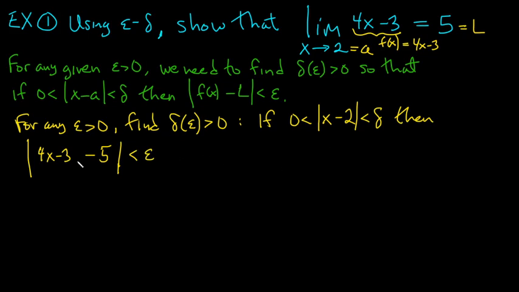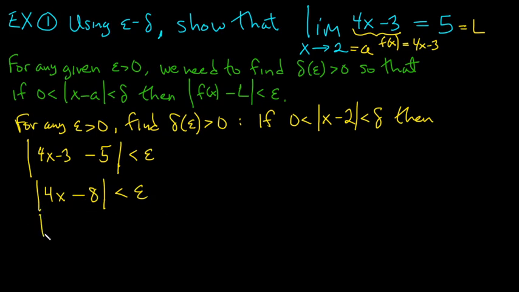So how are we going to do this? The first thing I would do is look at what's in the absolute value here: 4x minus 3 minus 5. Well, minus 3 minus 5 is minus 8. So this is just the absolute value of 4x minus 8, and we want that to be less than epsilon. Notice that I can factor out the 4.